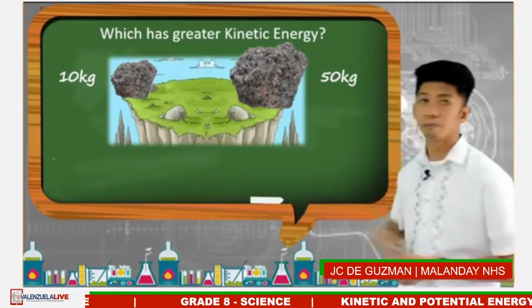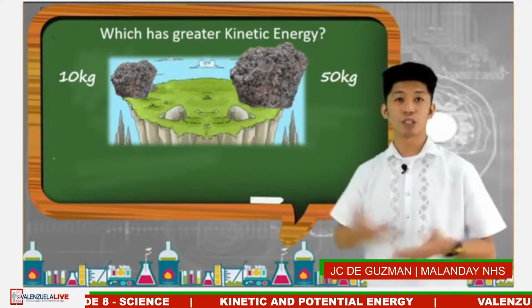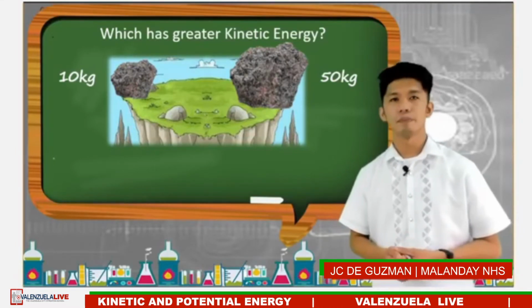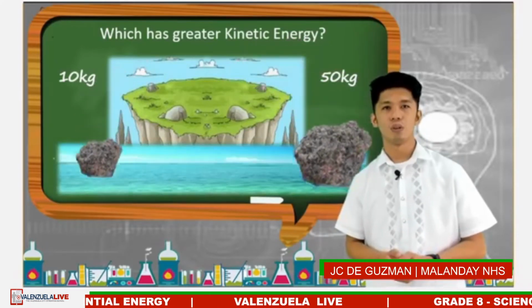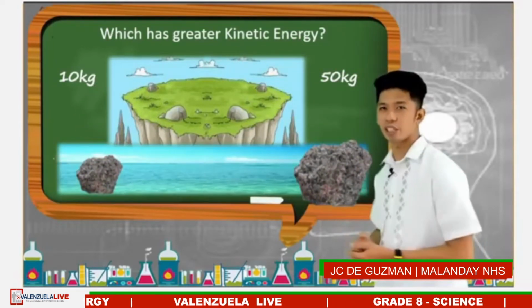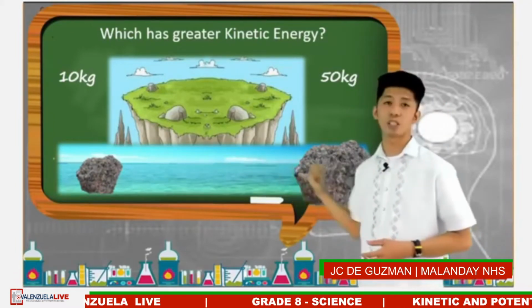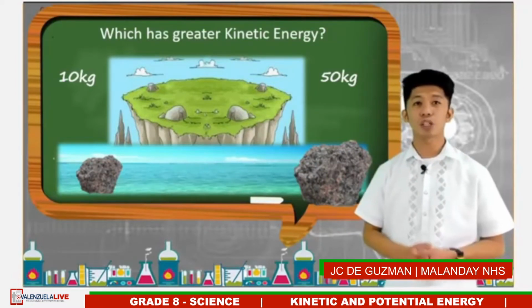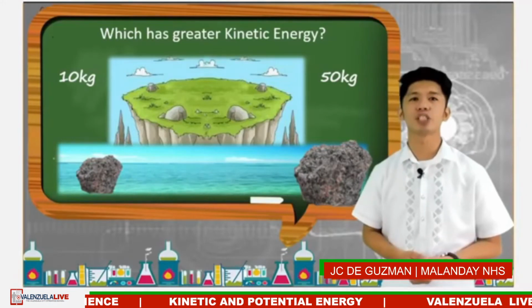Another example. We have the rock on a cliff. If it's not moving, then it possesses potential energy. But if it will move, imagine the splash that will be produced because of these rocks. So the question is, which rock can produce a great amount of splash?